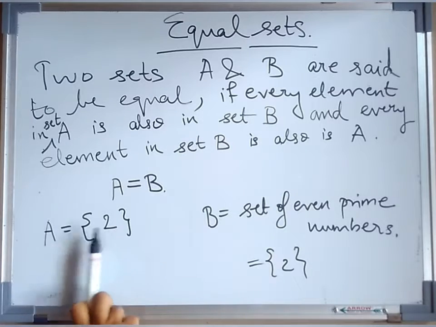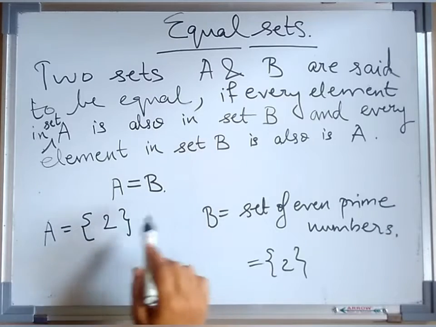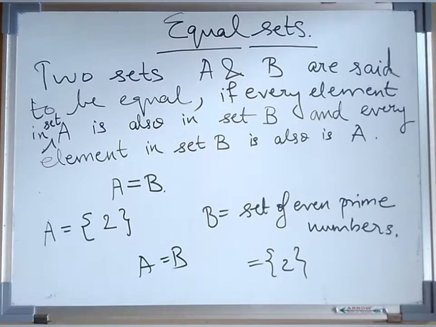So every element in A is in B, only one element is there, and it is the same in both. So here A and B are equal.